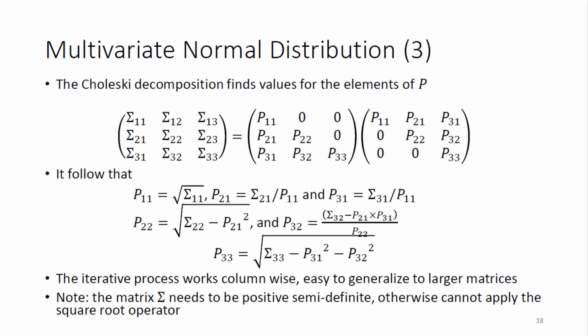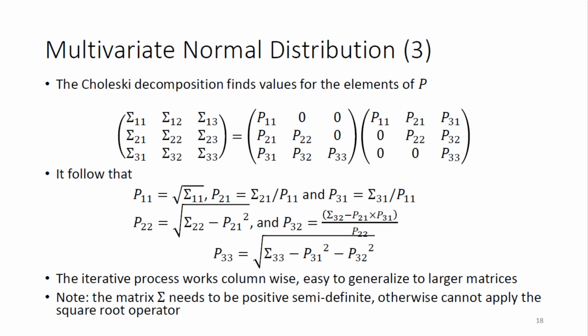This Cholesky decomposition is also something that many statistical software packages have as standard routines. Just to give you a flavor of how this works, I put here a 3x3 example where sigma 11, sigma 12, sigma 13, and so on are the elements in a 3x3 covariance matrix.